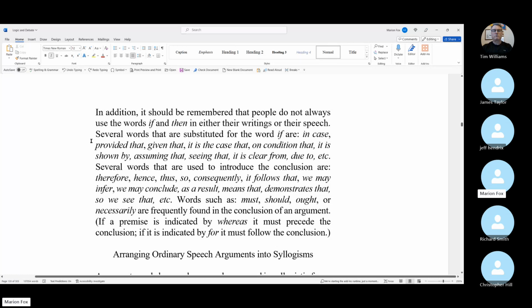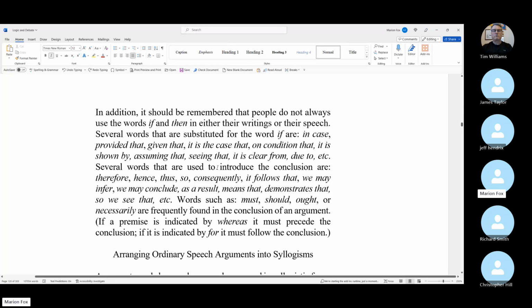Several words that are used to introduce a conclusion are: therefore, hence, thus, so, consequently, it follows that, we may infer, we may conclude, as a result, means that, demonstrates that, so we see that, and so forth. These are some key words that you'll run into that will help you find the conclusion.